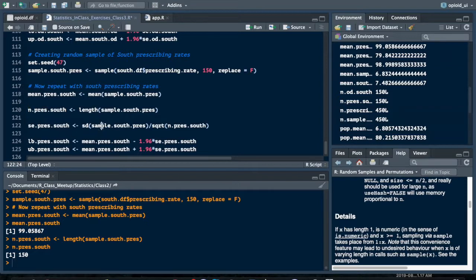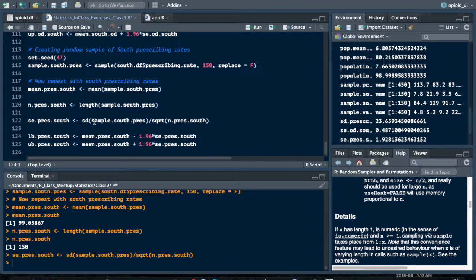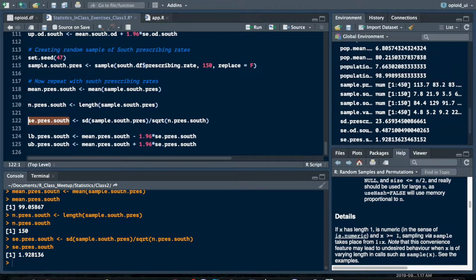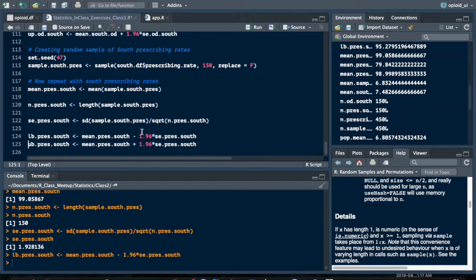The next thing we need to do is calculate our standard error. This will be the standard deviation of our sample over the square root of the sample size. If we run that, we're seeing our standard error for the prescribing rates is 1.928. Now again, we're taking our mean value minus 1.96, because we're finding a 95% confidence interval, times that standard error to find the lower bound of our confidence interval.